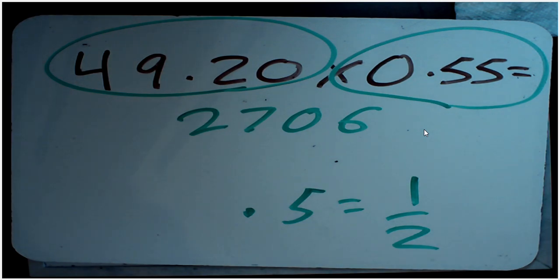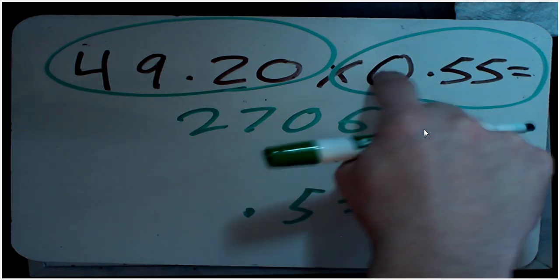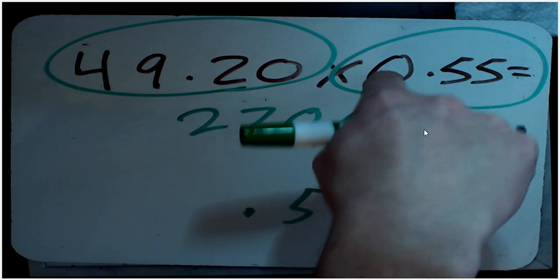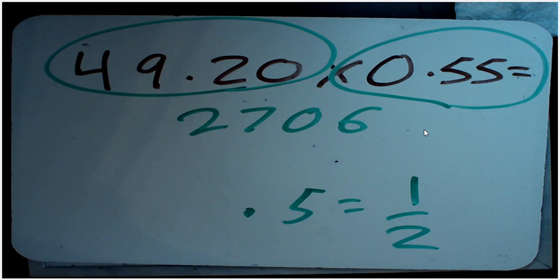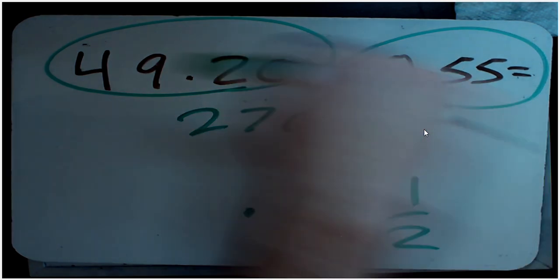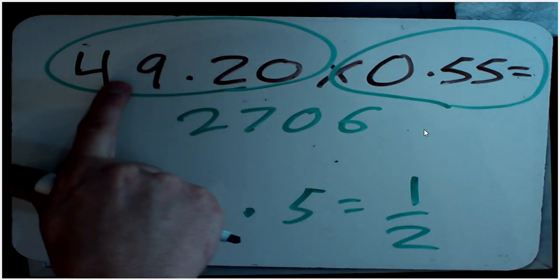So with that knowledge, we need to really consider what we're multiplying here. When you multiply a number by a decimal that's less than 1, so if it has a 0 in the ones place value, it is less than 1, the product is actually going to shrink from the other factor. When you multiply this by 1/2, it's going to shrink this factor.